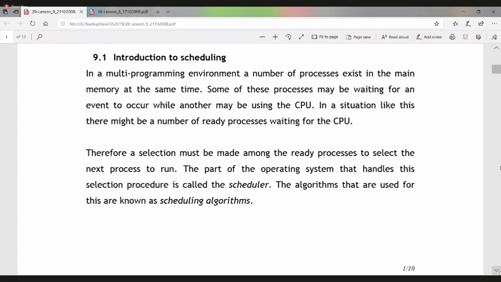Now we need a manager to select which one gets the chance. That is what we call scheduling. Therefore, a selection must be made among the ready processes. When there are, for example, 10 ready processes, which one to select and give the chance?